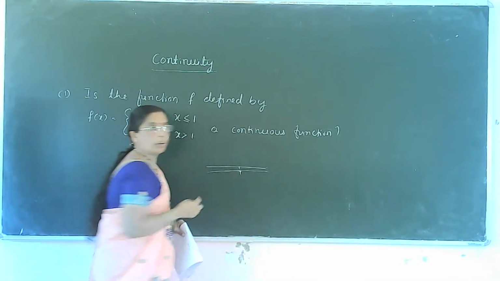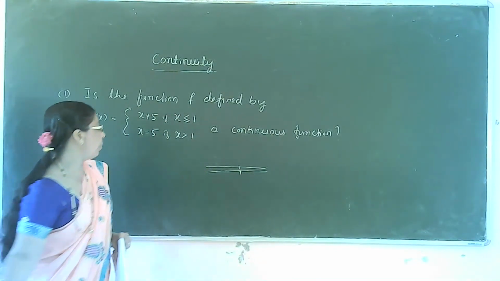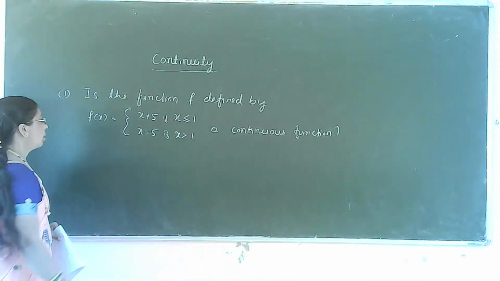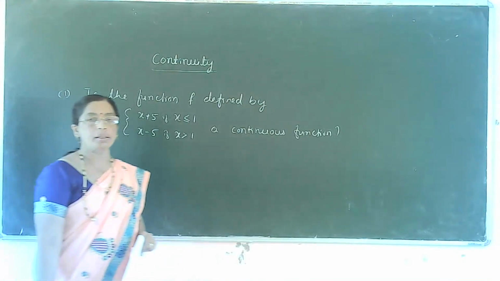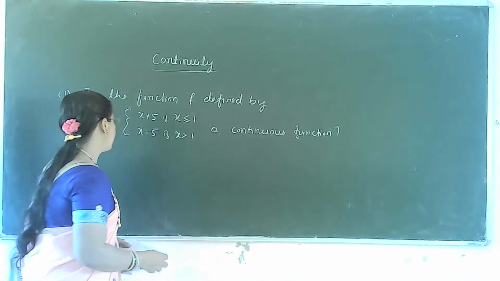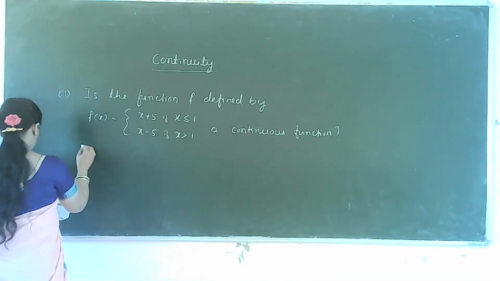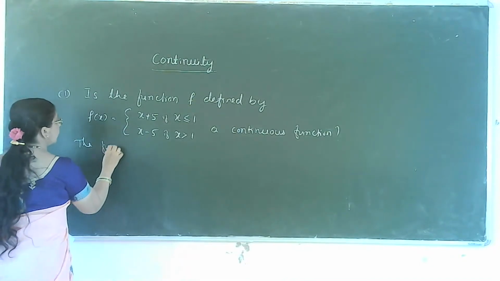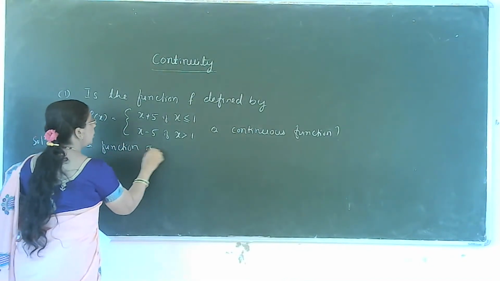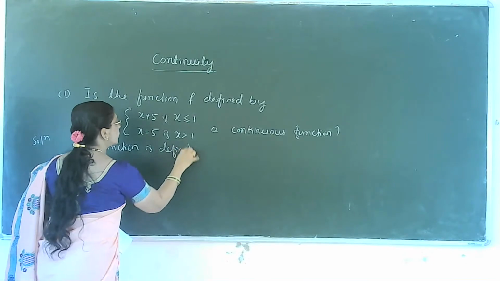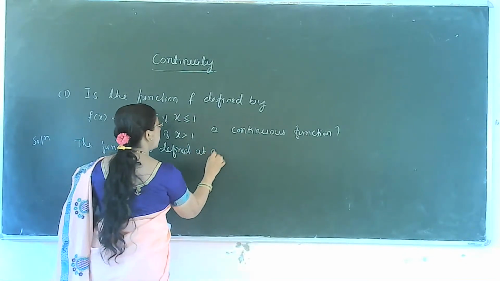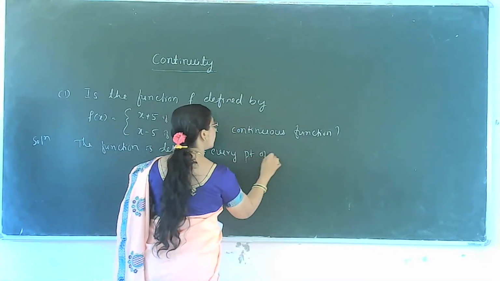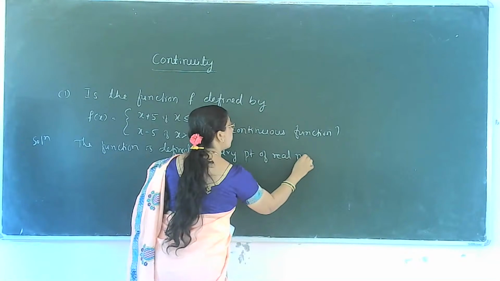If x is greater than 1, the function is defined at every point of the real line. The domain of the function is the set of real numbers. The function is defined at every point of real numbers.